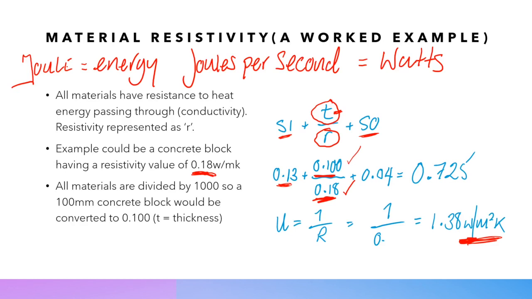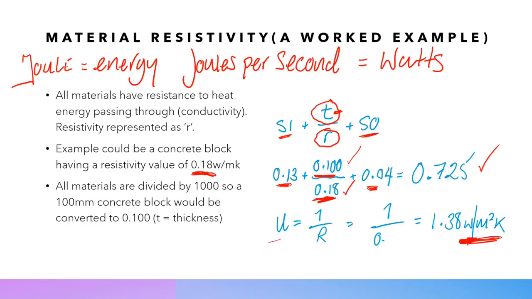So we've got the 0.13 plus 0.100 divided by 0.18 plus 0.04, which equals 0.725. Just do that with the calculator with me, so you've got that bit right. If it's not 0.725, go back and do it again. Just make sure you're not making an error on the input of your calculator.